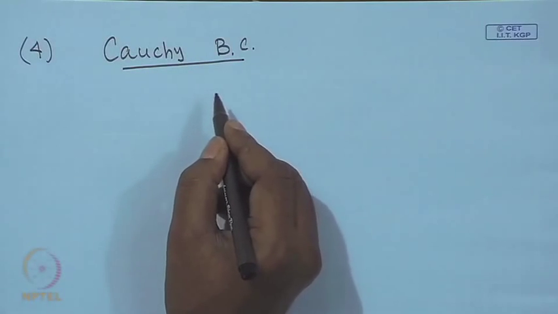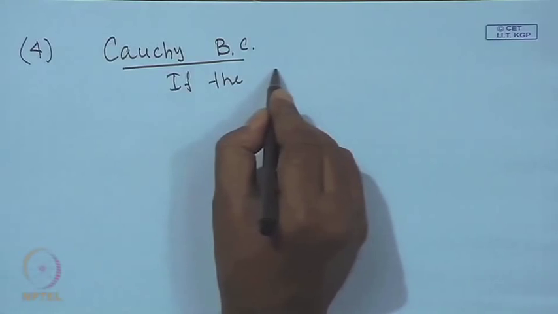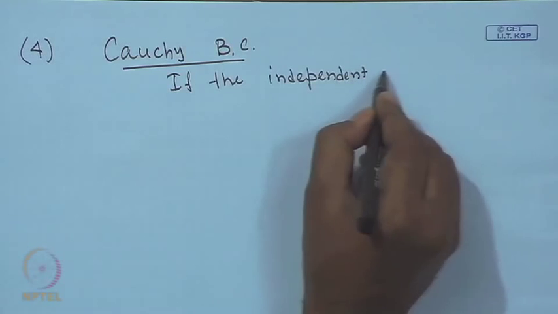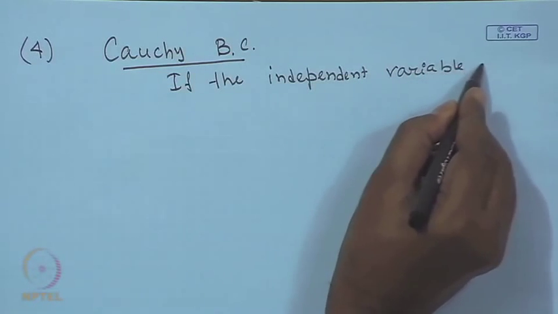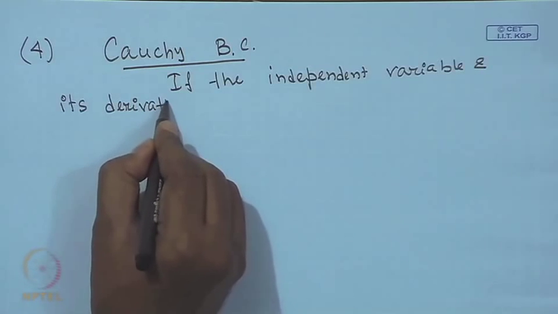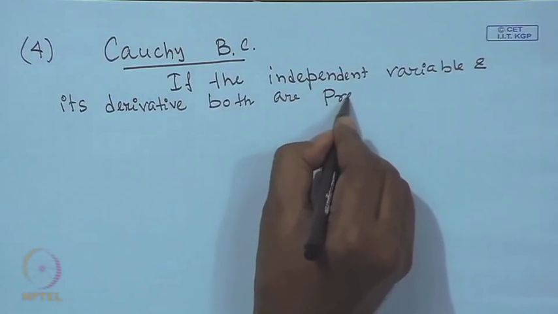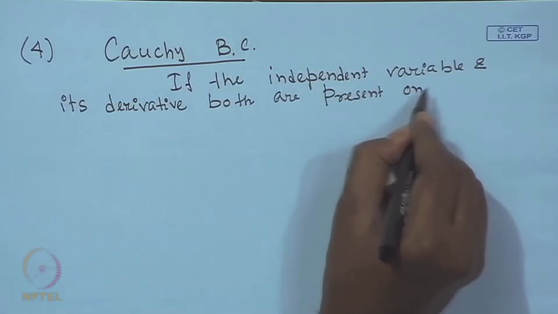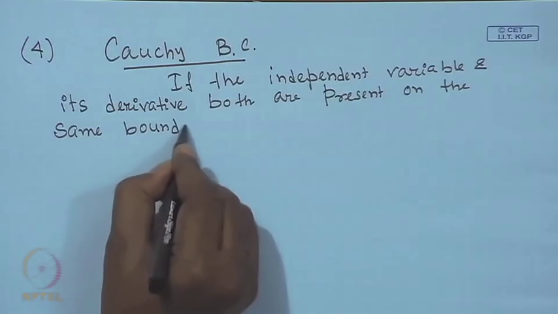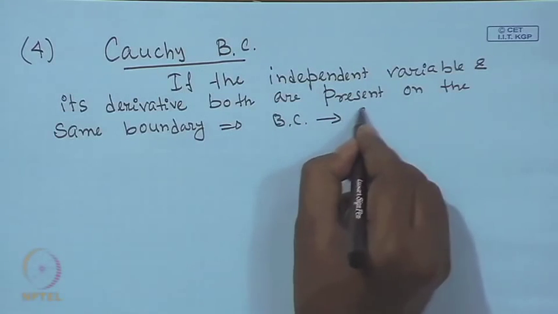Now, we term that boundary condition to be Cauchy if the independent variable and its derivative both are present on the same boundary, then the boundary condition is known as the Cauchy boundary condition.